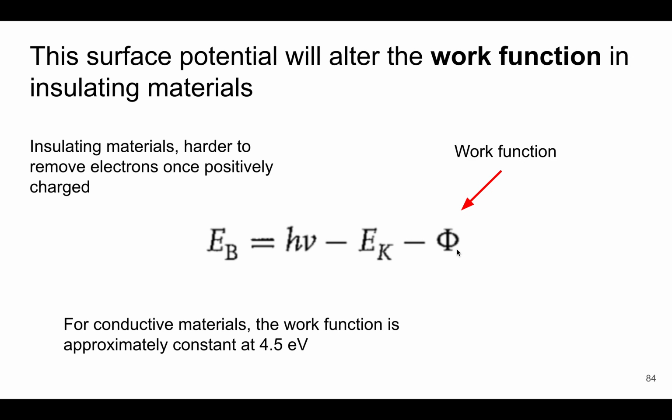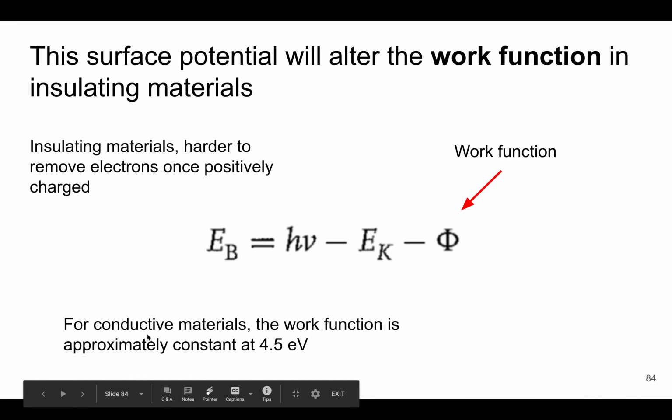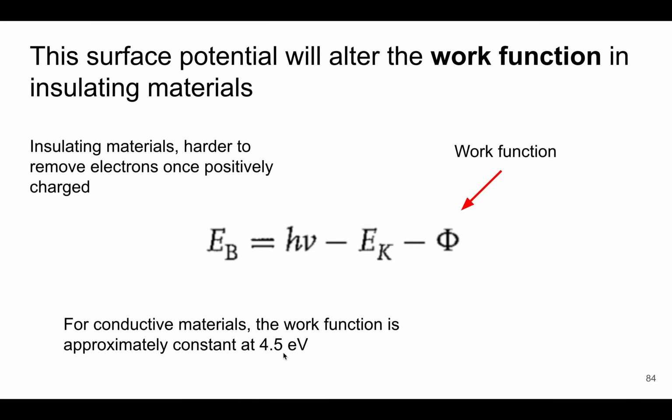So by having this insulating material where it's hard to remove electrons, it becomes positively charged, it affects the work function, and therefore that's what's shifting our peaks. For example, for a conductive material, the work function is relatively similar at approximately 4.5 electron volts. So that's always a good approximate.